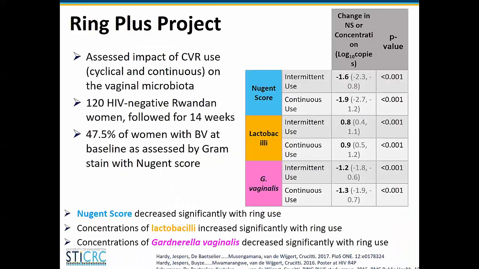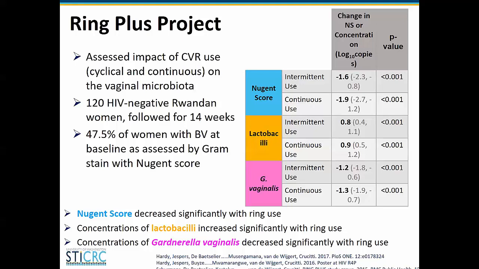There have been some data to say that estrogen delivery, for reasons that are pretty sensible, namely it supports the epithelium, probably is good for the vaginal environment. I'll just point out that this project, which has just been published, looked at the impact of using this ring in Rwandan women, and what they showed was that whether you used it continuously, meaning you didn't menstruate, or whether you used it cyclically, so you took it out for a week so women would menstruate, you had a really profound effect on the vaginal microbiota.